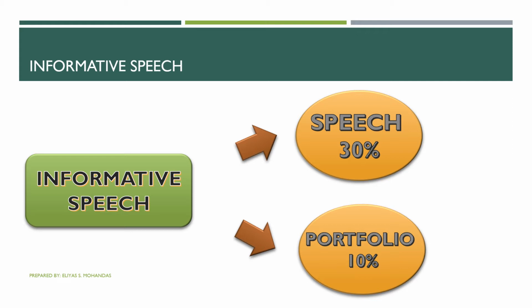The first part goes to the speech, which is 30%, meaning when you deliver your speech, you will be assessed out of 30%. And the second part is the portfolio. Portfolio is basically a compilation of notes and materials that you use in order to come up with your speech. And the marks allocated for your portfolio is 10%. So all in all, 40%.